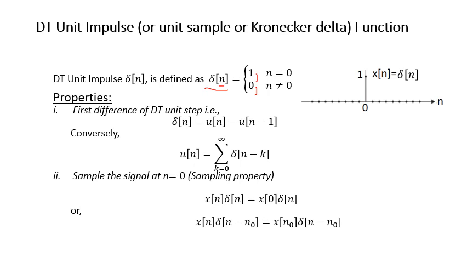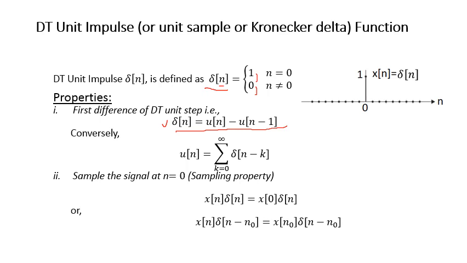Because we have discussed the step function, continuous time and discrete time, let's see what the relationship is of the discrete time impulse function with the discrete time step function. The impulse function is basically the first difference of the step function, that is impulse of n equals u of n minus u of n minus 1.